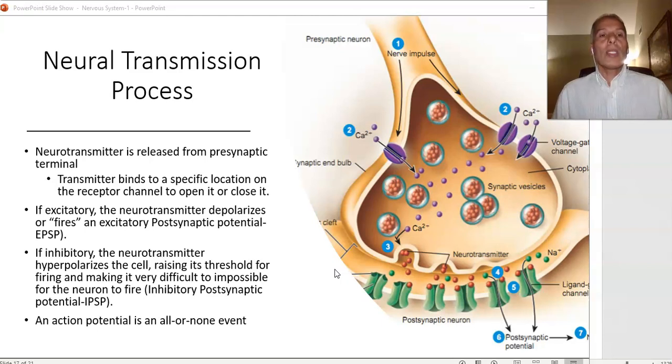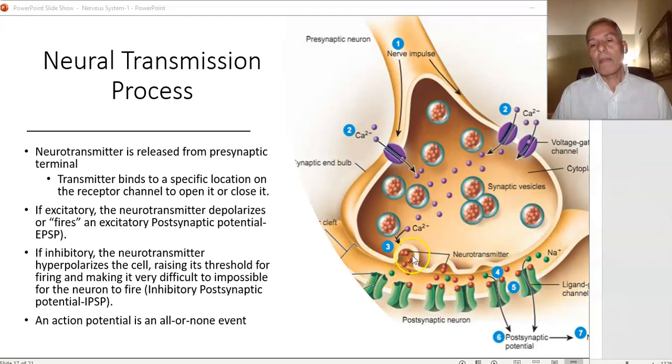So how does the neurotransmitter bind again, and how does it work, what happens to it? First, when the neurotransmitter is released, it is released to the synaptic cleft.